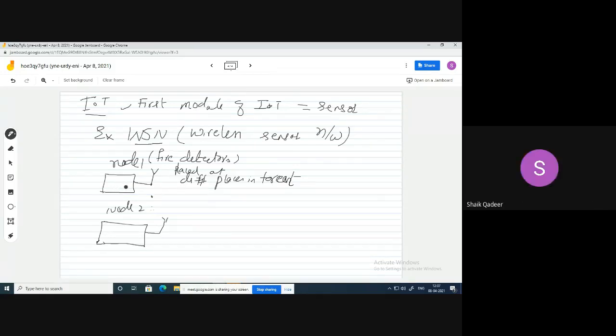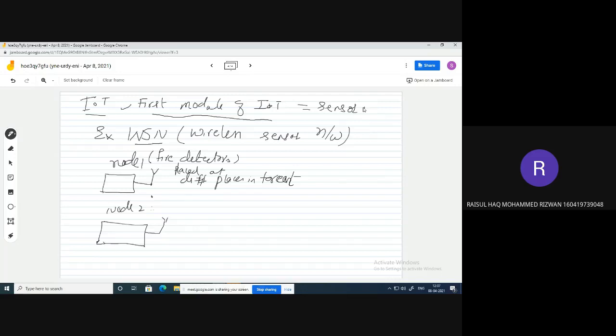Definitely you will find a certain use of a sensor in almost all things connected with the internet. That is the reason I'm telling you that the first module of IoT is nothing but a sensor. Agree or not?